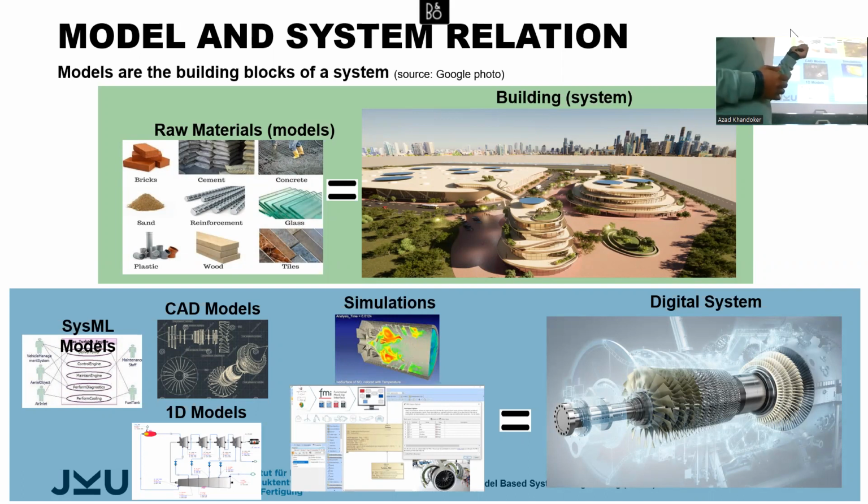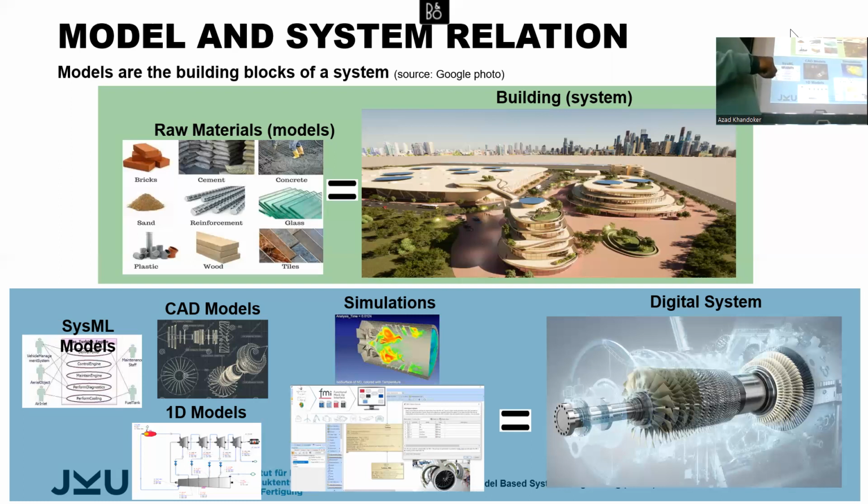Through systems engineering, we try to build a system that fulfills your requirements, the system requirements. When we are doing different models, let's say SysML models, CAD models or simulation models, those are the models we have to make to build an efficient system that meets our requirements.